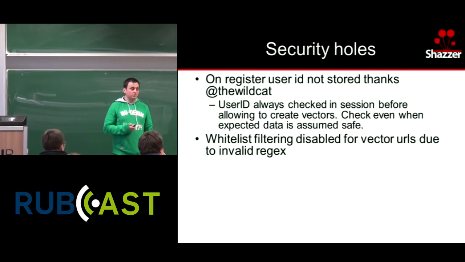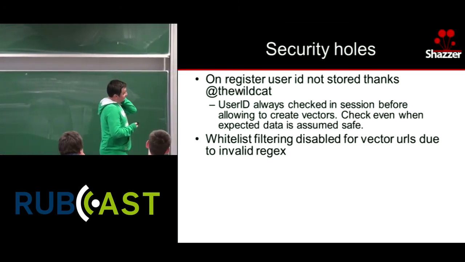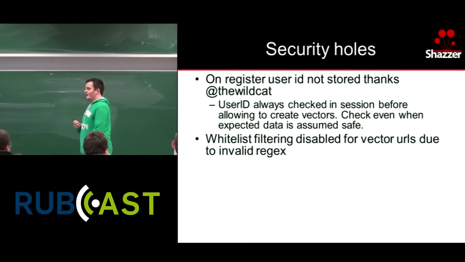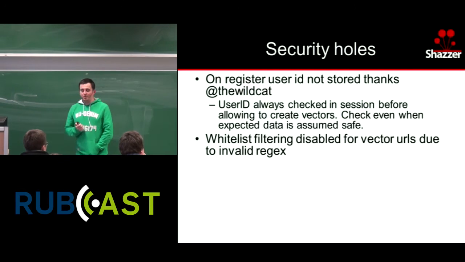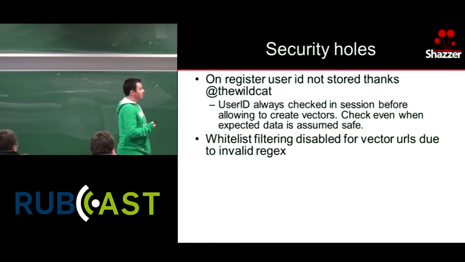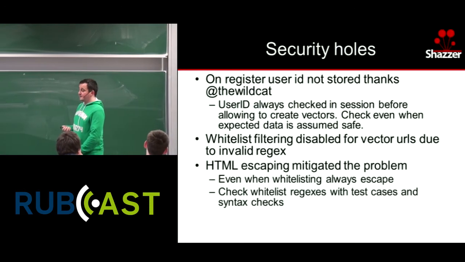Another instance was that Mario requested that I allow certain characters in the description of a vector. What happened was that my whitelist filtering got disabled because some of the characters caused a regex error, and it didn't actually perform the whitelisting that I intended.